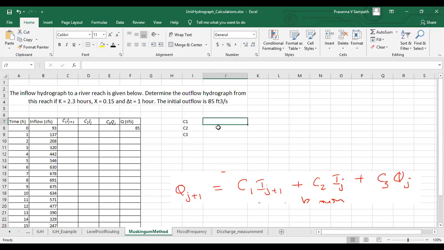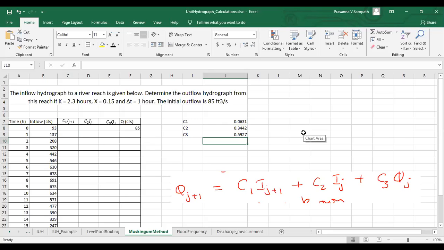So C1, if you put in those numbers, you will get the numerical answer 0.0631, C2 is 0.3442, and C3 should be, any guesses? Approximately is also fine. 0.6. Yeah, 0.5927, because C1 plus C2 plus C3 is equal to 1.